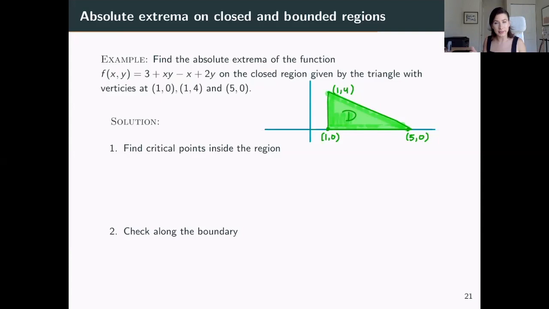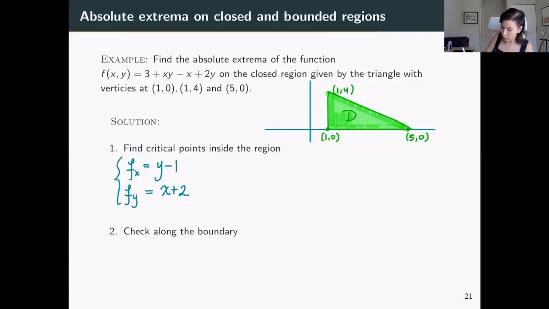First things first, we're going to find the critical points inside of the region. To do this, we first find critical points in general. Our f sub x will be y minus 1, and our partial with respect to y is going to be x plus 2.